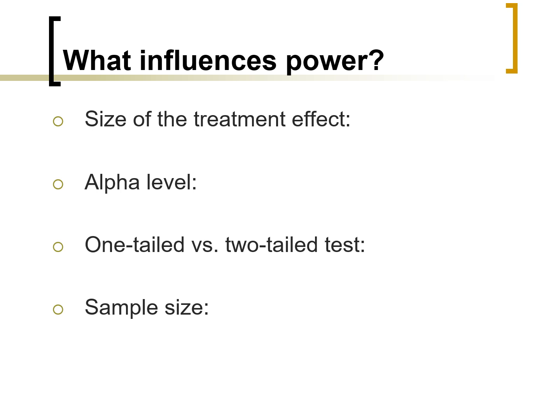So what are some of the influences on power? First, a test has more power if there's just a big effect that we're looking at. That kind of makes sense. We're more likely to look up in the sky and see a sun than we are to see a planet. The bigger the thing we're looking at, the more likely we are to see it and be sure that we are seeing it.